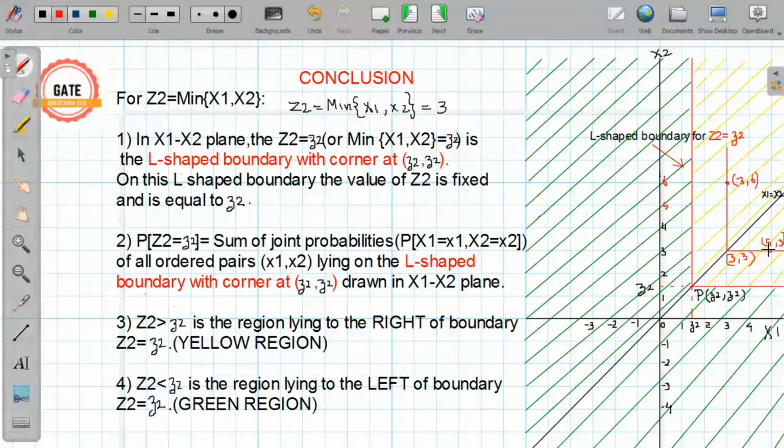So on this entire boundary, which extends here up to infinity and here up to infinity, you can observe that Z2 is fixed and is equal to 3. So on this entire L-shaped boundary with corner at 3, 3, the random variable capital Z2 will be equal to 3.